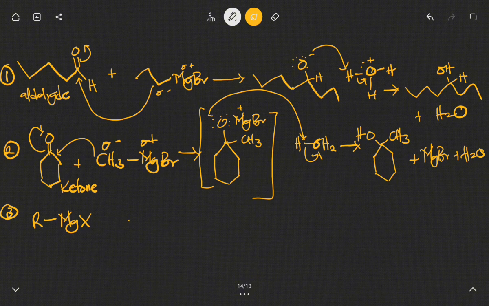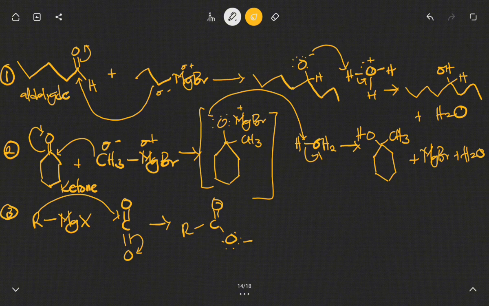Okay, if this is your carbon dioxide, C double bond O, the alkyl group is going to attack this carbon, forcing one of the double bonds to break, and then you have the electrons thrown to one of the oxygen atoms, and so we are going to have R, C double bond O, and then the oxygen. We have one of the oxygens, 3 lone pairs, and a negative charge.